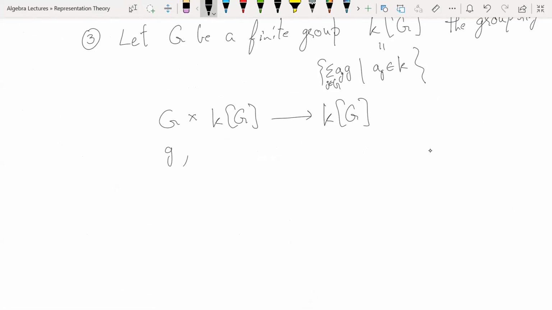So G, comma, sum of a_g g, g in G. Sorry, this is not a good way to write. Too many g's, so let's call this h. Of course you can send it to the sum of a_g h g.